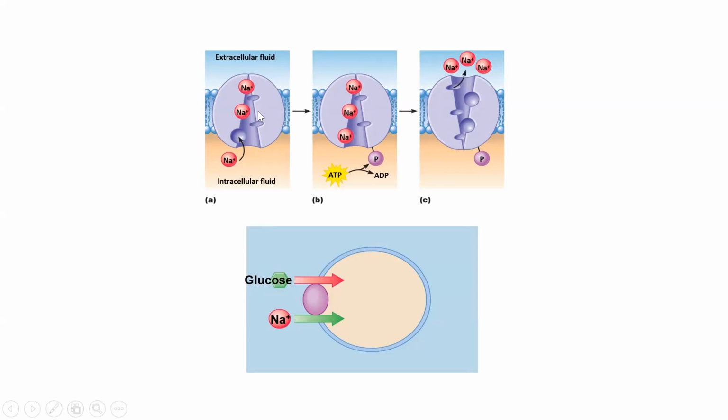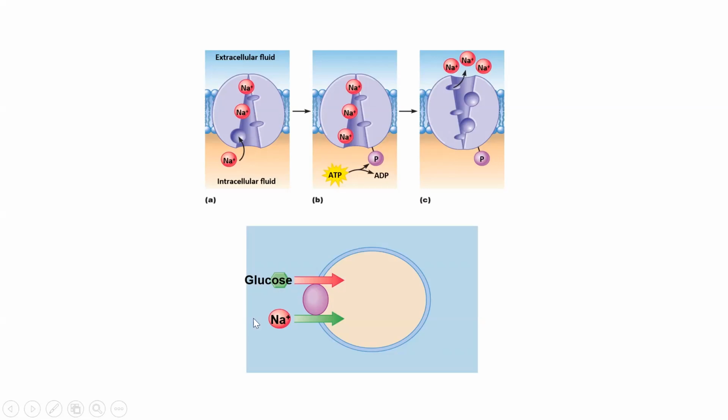So because sodium is being pumped out of the cell, this creates an environment inside the cell where there's very little sodium. And so that is a gradient for sodium to move into the apical surface of the cell passively, right? We've got a little bit of sodium inside the cell because it's being pumped out the basolateral surface. So we have a gradient now where there's more sodium outside the apical surface, less sodium in the cell itself.